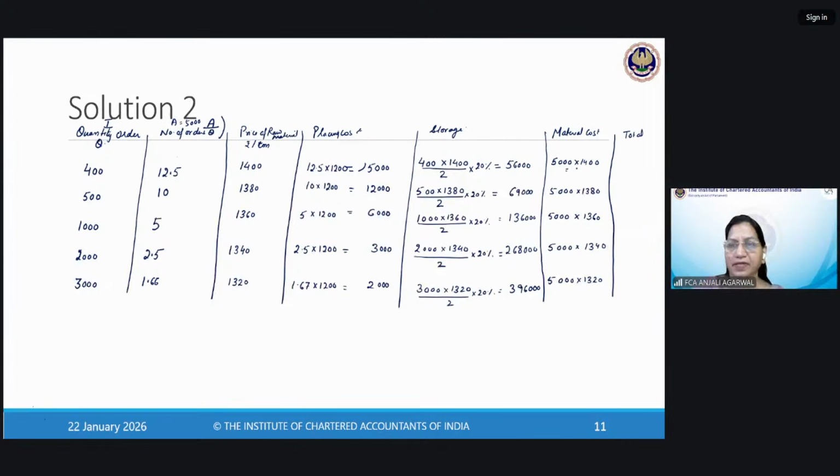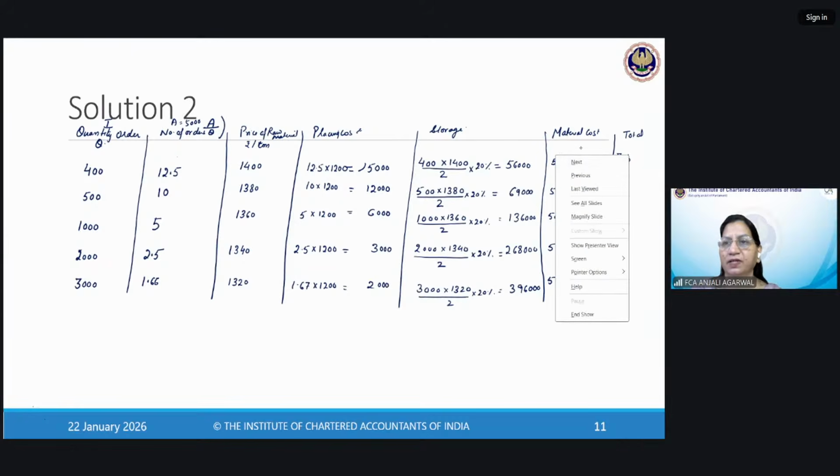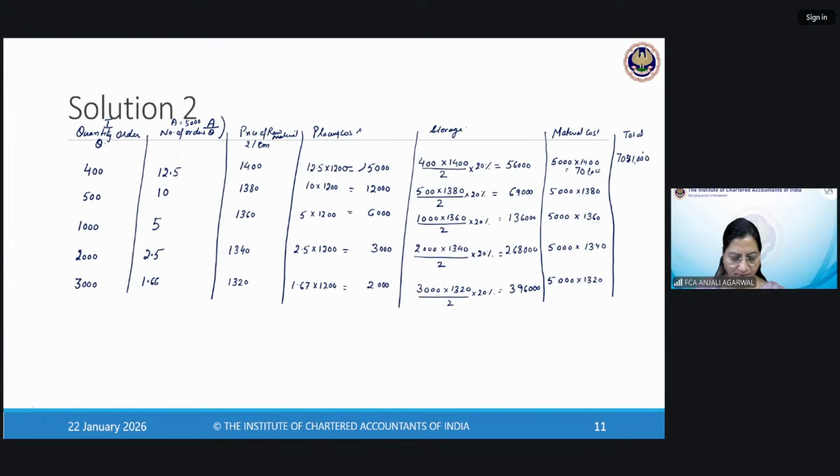This is 70 lakhs, so 70 lakhs plus 56,000 plus 15,000: 70 lakhs 71,000. 5,000 into 1,380, which is 69 lakhs, plus 12,000 and 69,000: 69 lakhs 81,000.